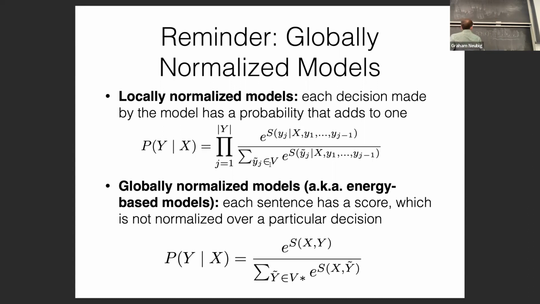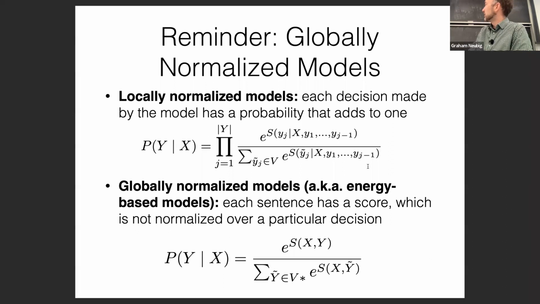And the way we do this is we say the score of the whole sentence is equal to the sum of the scores of each of the tokens in the sentence. And if you do this, this basically results in the same probability distribution as the one on top, right?